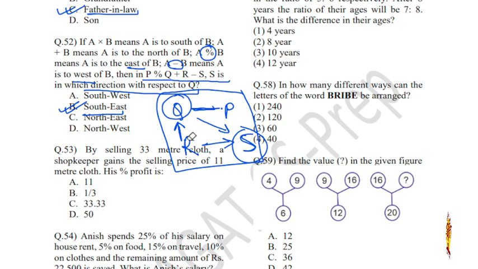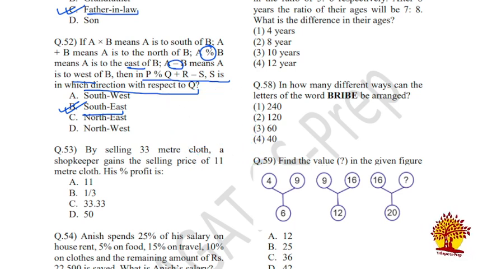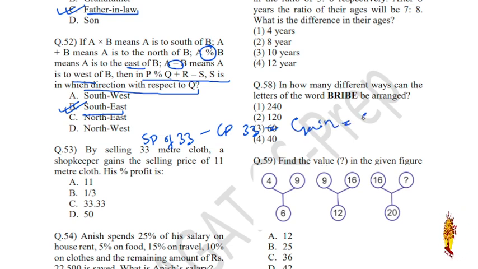Next one. By selling 33 meters of cloth, a shopkeeper gains the selling price of 11 meters of cloth. What is his gain percentage? Here, selling price of 33 minus cost price of 33 is equal to gain.